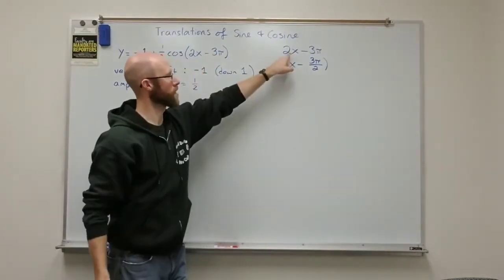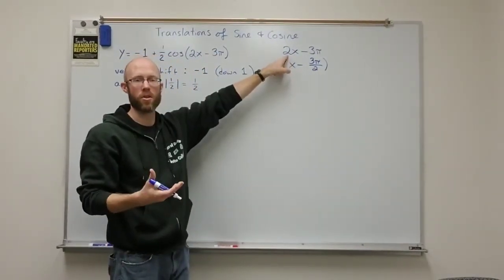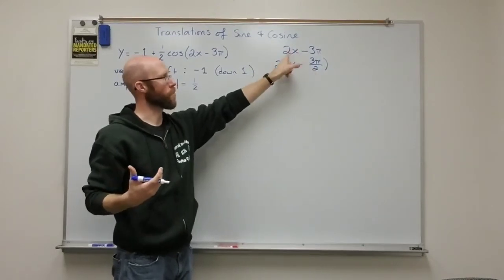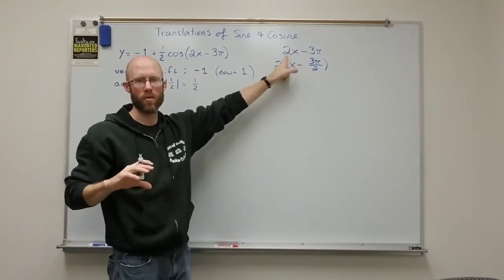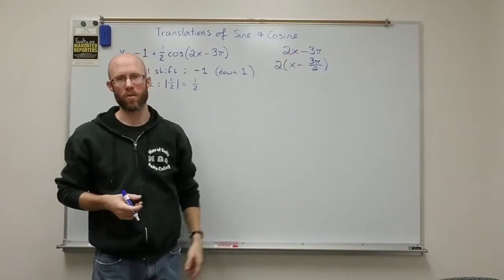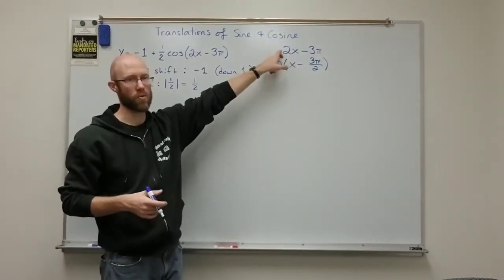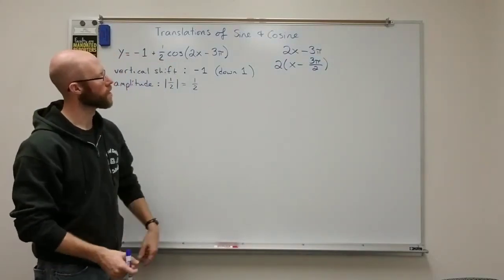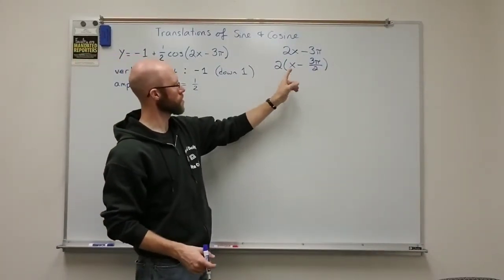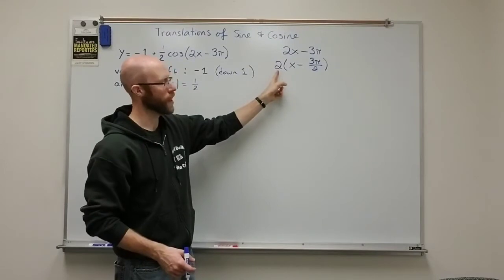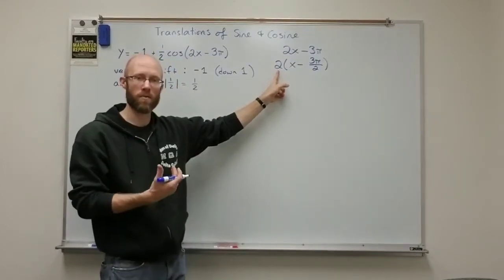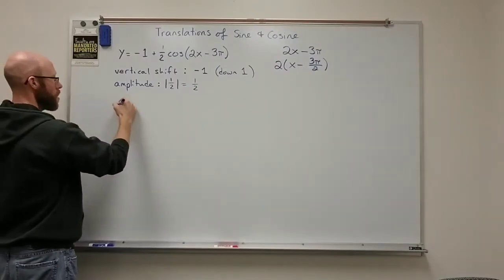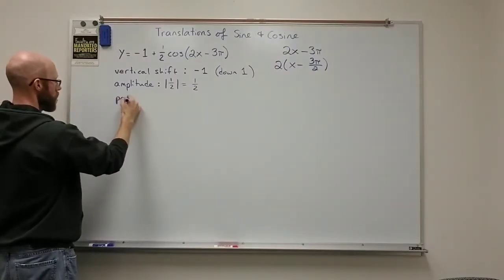Remember, if this is a constant or an integer out front, you can pull out the integer and divide by it. If it's a fraction, division is equivalent to multiplying by a reciprocal. So if that was like a 2/3, we would multiply by the reciprocal there, which we don't have to here. Okay, so this tells us that the constant that we factored out is going to factor into our period.